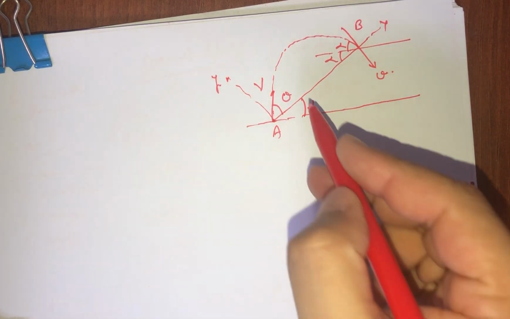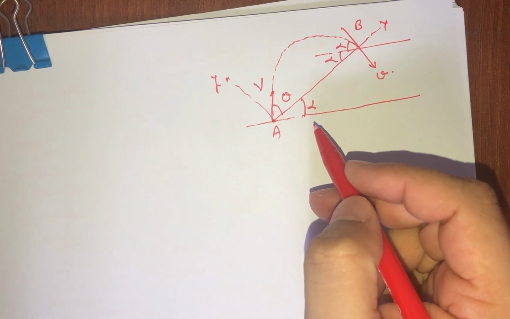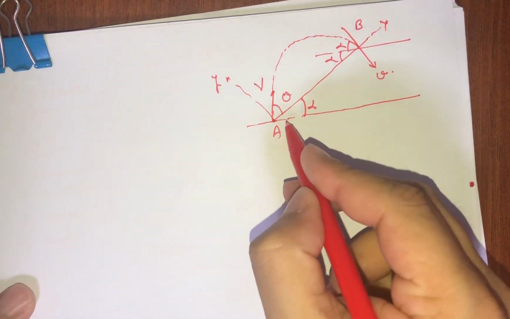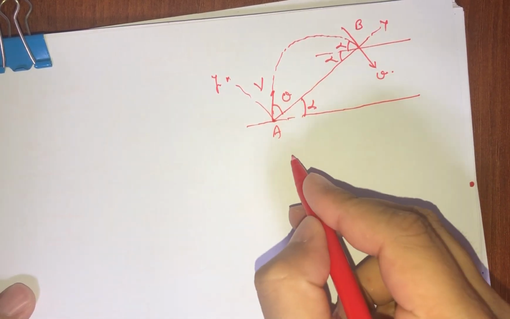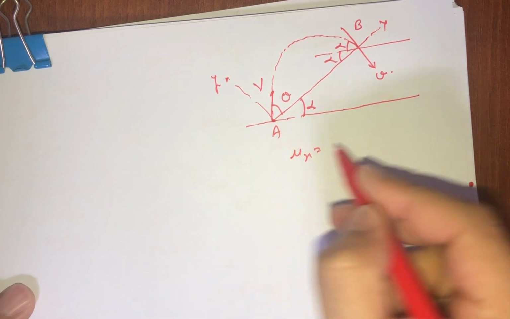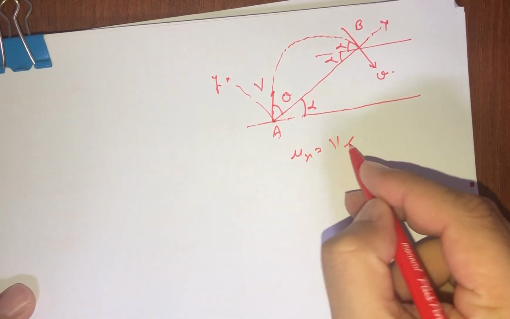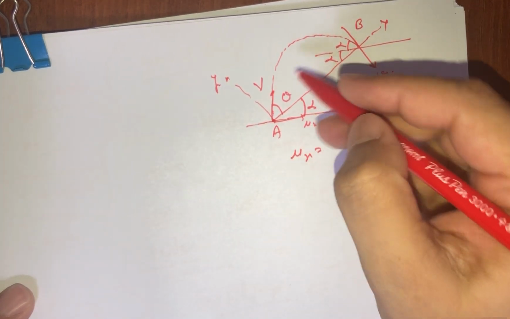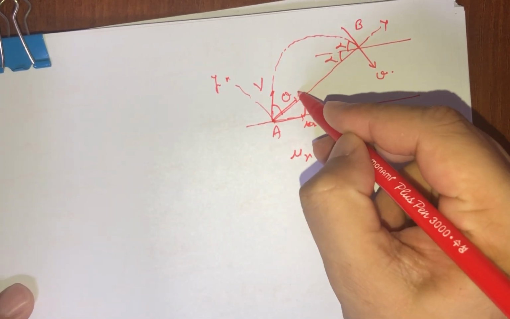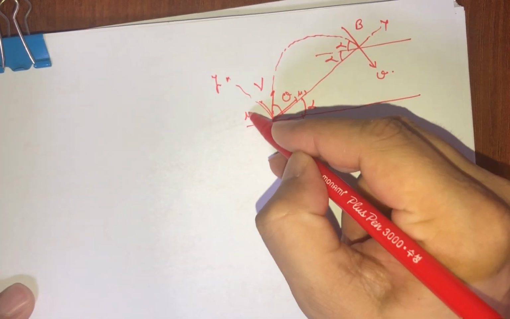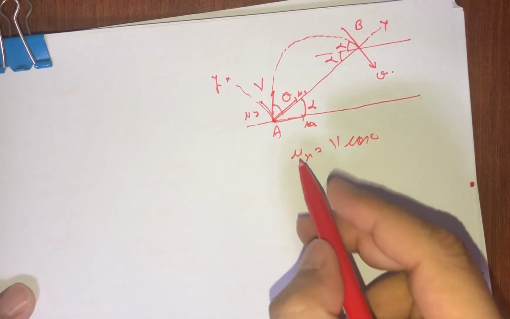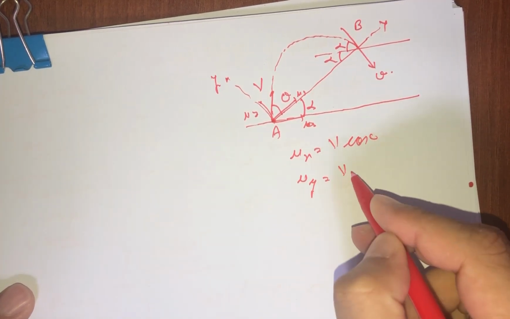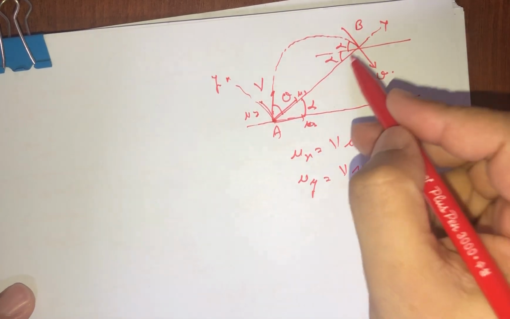So let us find out the various x component as well as y component of all the relevant things. So the initial velocity x component will be given as v cos theta, that is, this will be u of x, and this will be u of y, and u of y will be equal to v sin theta.